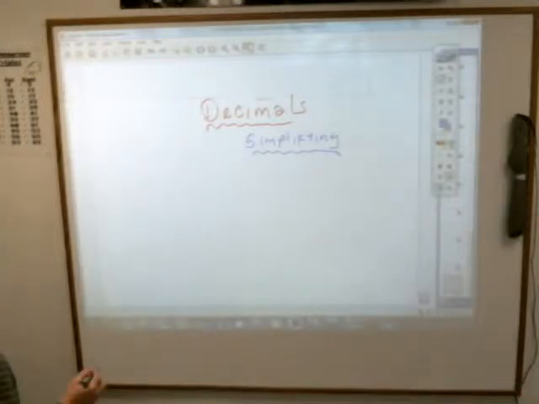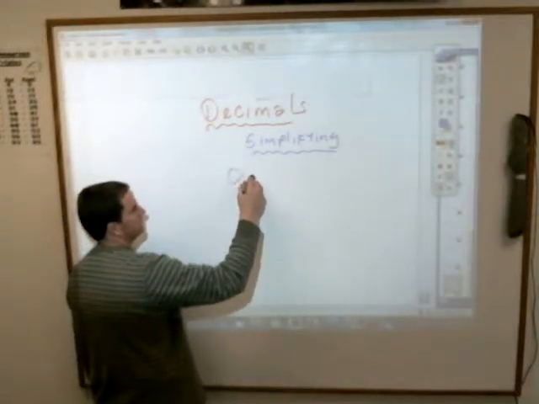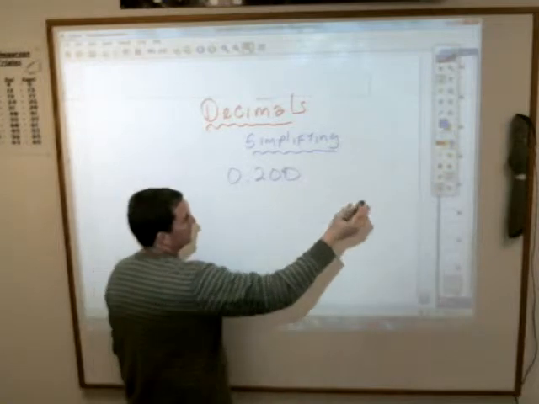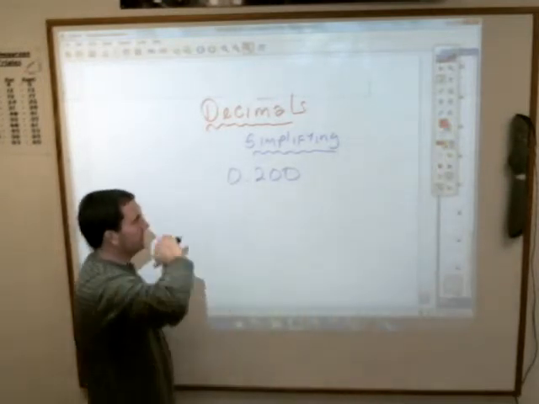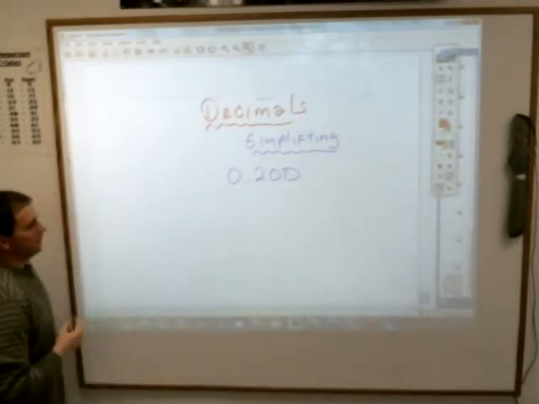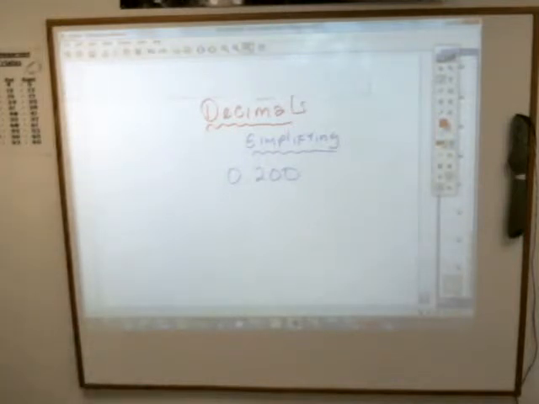If you see numbers that look like this, and you talk about simplifying decimals, write down this in large, beautiful print.